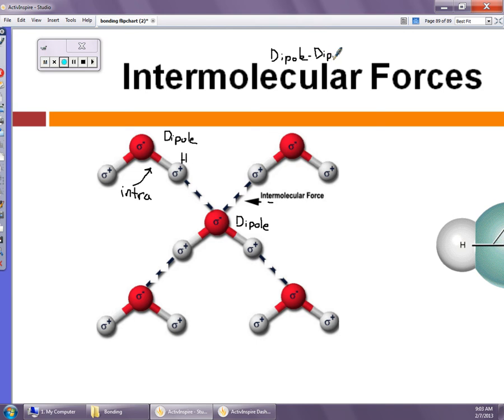A dipole-dipole force is when one polar molecule attracts the next polar molecule. And in doing so, they are going to have a weak attraction for each other that allows them to stick together a little bit, and it does need to be broken to make it melt or to make it boil, but it's just not as strong as your ionic compound is, which are going to have much higher melting and boiling points.